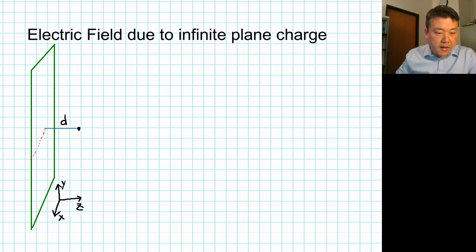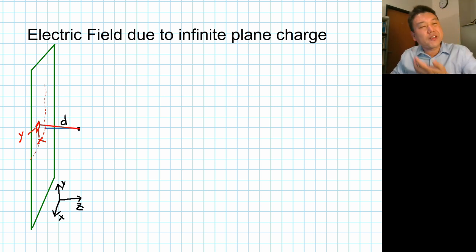So these are guidelines for where y is equal to 0. And these are guidelines along where x is equal to 0. So let me pick a point here. This will be at some coordinate y and at some coordinate x. And it'll be at some distance from this point. Now, because I'm trying to draw a three-dimensional thing in two-dimensional surface, I want you to use your imagination what this distance should look like.